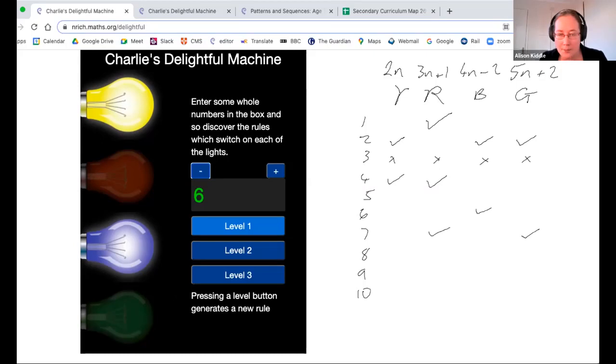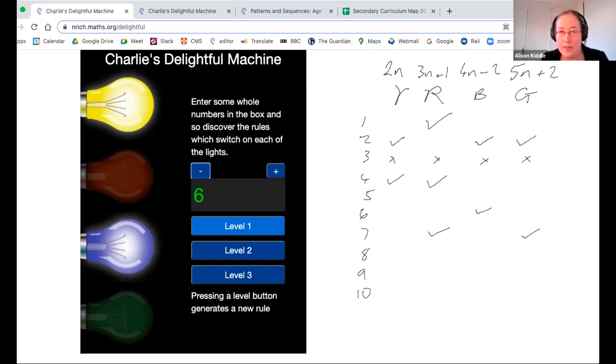And the nice thing here, Alison, I've just realized that whenever the blue light comes on, the yellow light will also come on, because the blue lights are always going to be even numbers. Yes, because I've got 4n minus 2, that's always going to be even. And so blue and yellow always come on together.